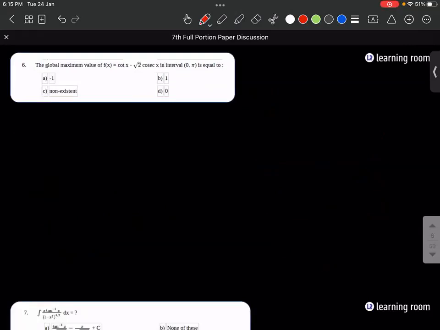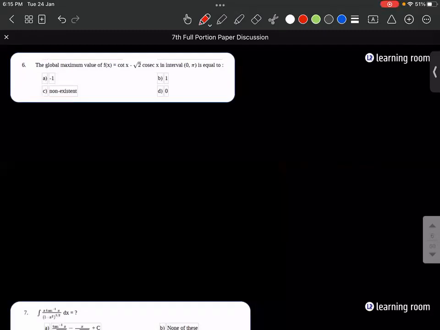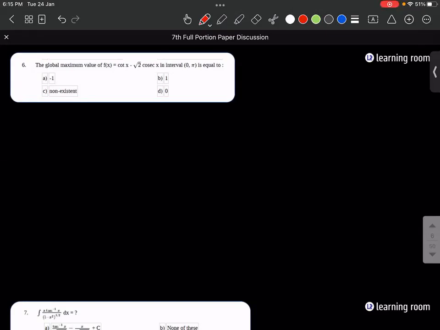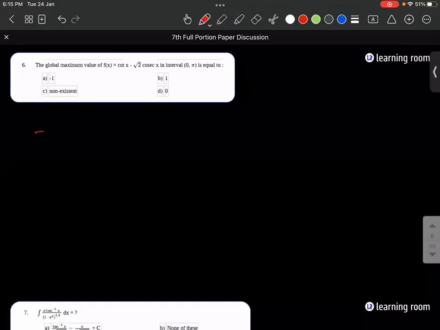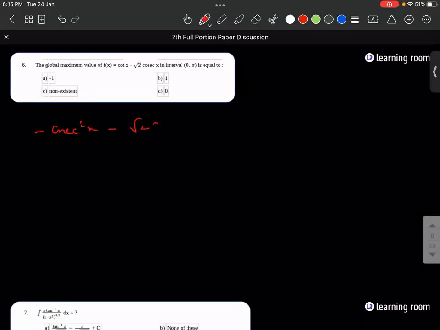The global maximum of f of x is equal to cot x minus root 2 cosecant x. Tell me what is the answer. So what is minus cosecant x by cot x?